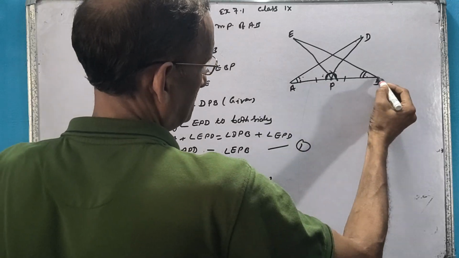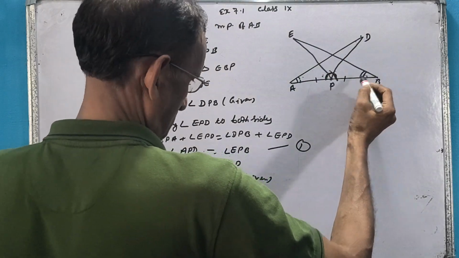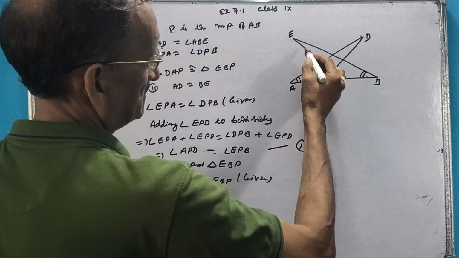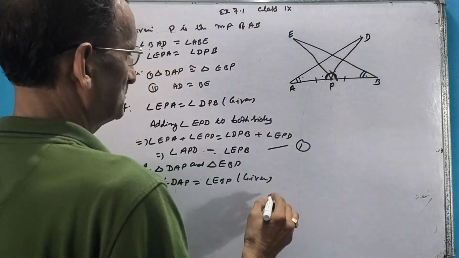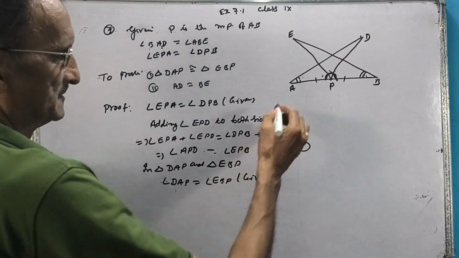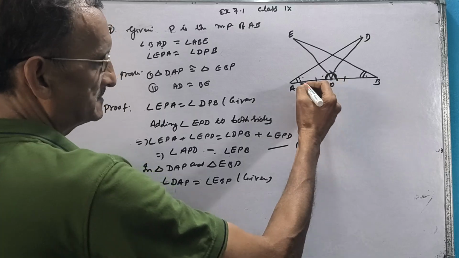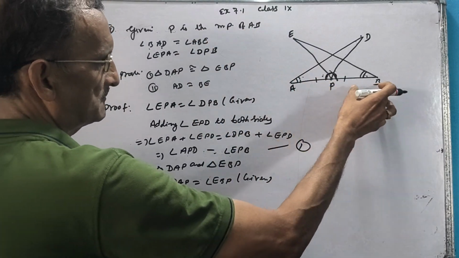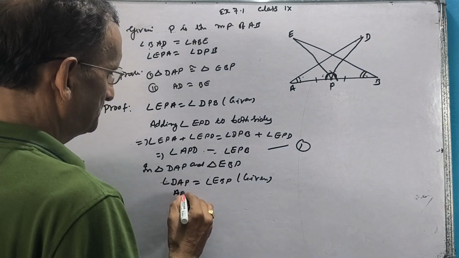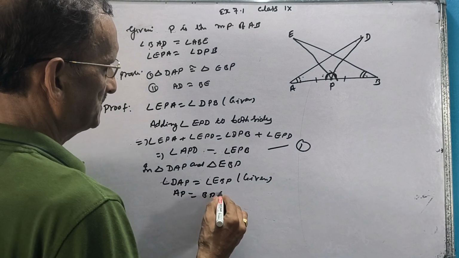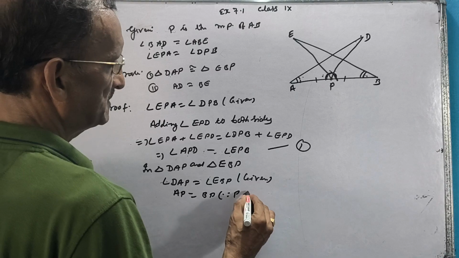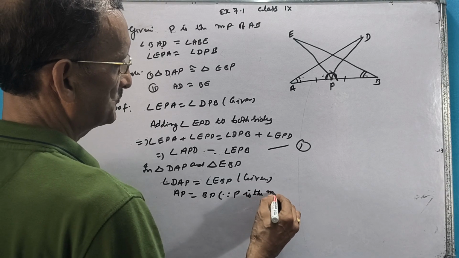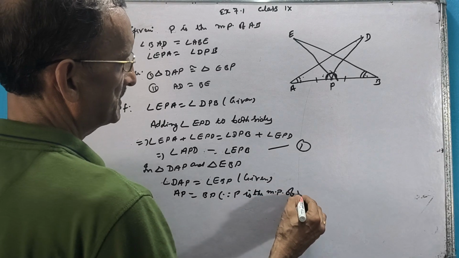ABE means angle B and EBP, same angle. So you can write given. This angle equals this angle, and we are given P is the midpoint of AB. What is the meaning? AP equal to BP, since P is the midpoint of AB.